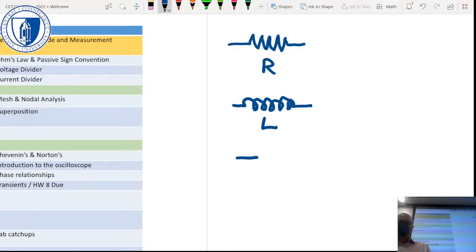So if you ever see RLC circuits, that's what it's talking about: resistors, inductors, capacitors. We're only starting, we're not going to touch inductors and capacitors for a while yet.